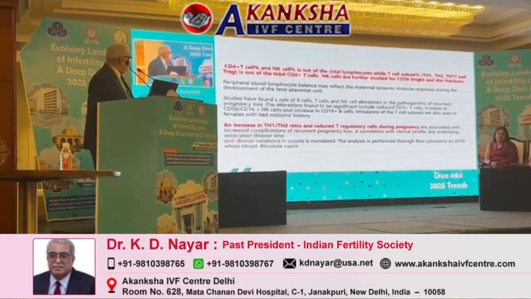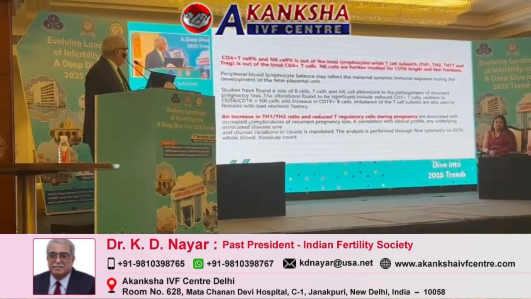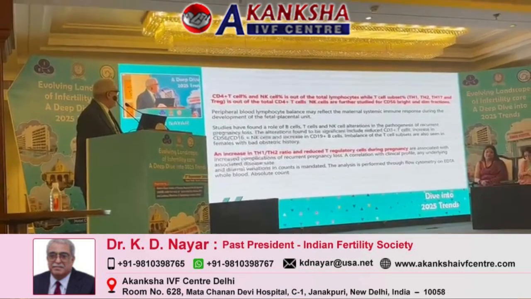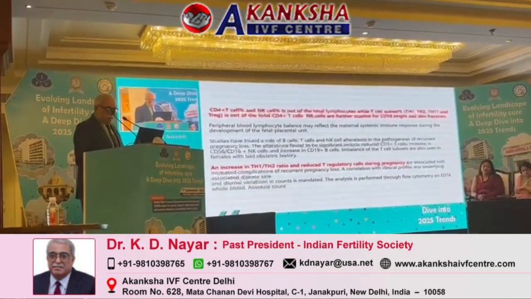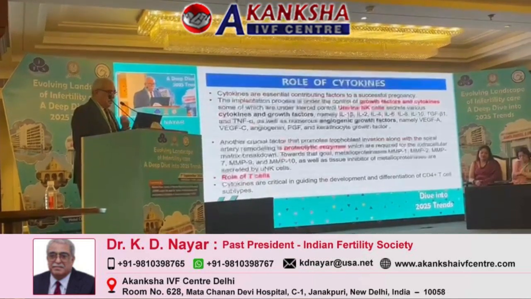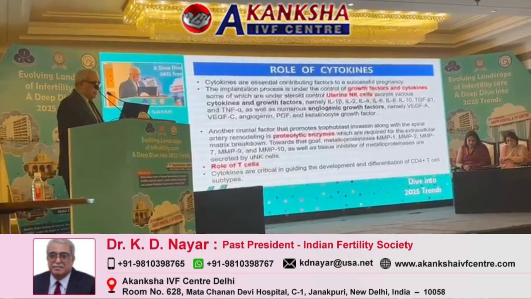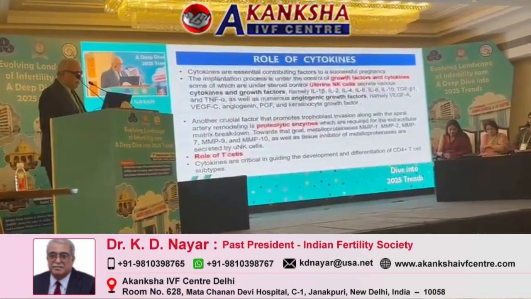An increase in the Th1 to Th2 ratio and reduced T regulatory cells during pregnancy is associated with increased complications of recurrent pregnancy loss. That is why we would like to check the level of these T cells. The role of cytokines: cytokines are essential contributing factors.